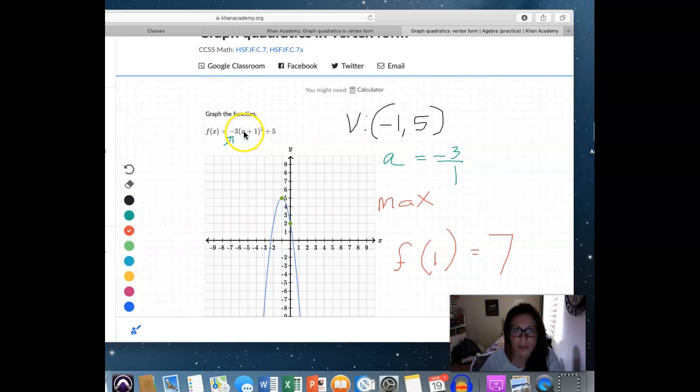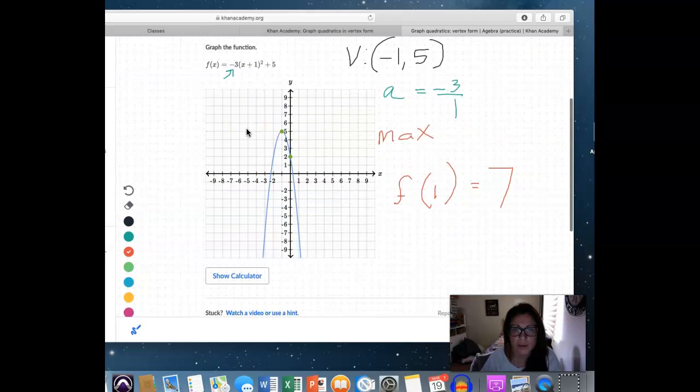So I'm going to plug 1 in wherever I see an x. So I'm going to go -3, and test x is 1 plus 1, because I'm assuming this is more for practice if you're graphing the worksheet. So I'm just showing you guys how to do it. So 1 plus 1 is 2.